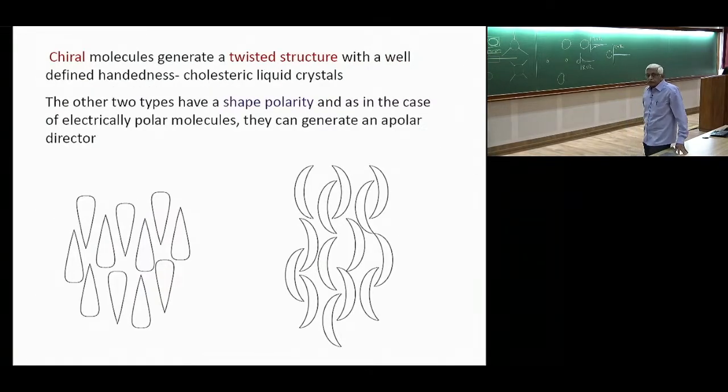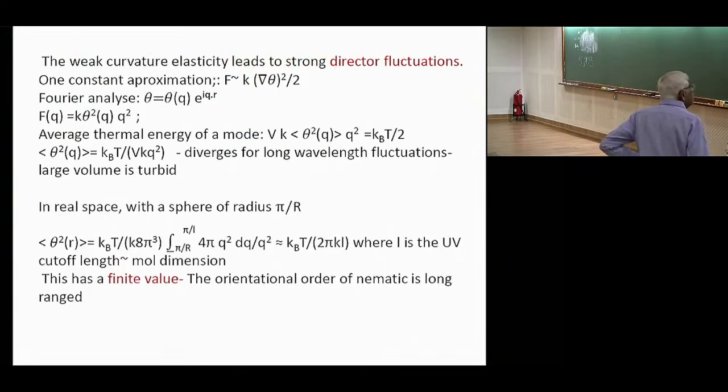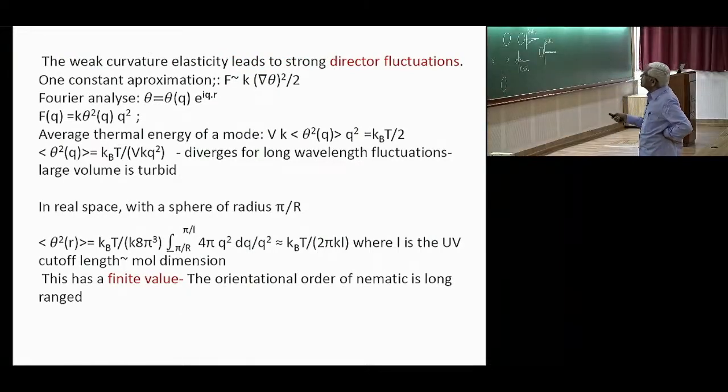So now that we have defined three, okay, please. Is it theta or delta theta? I beg your pardon? In the last slide, is it delta theta? It is the fluctuation, now this is theta squared average, right?